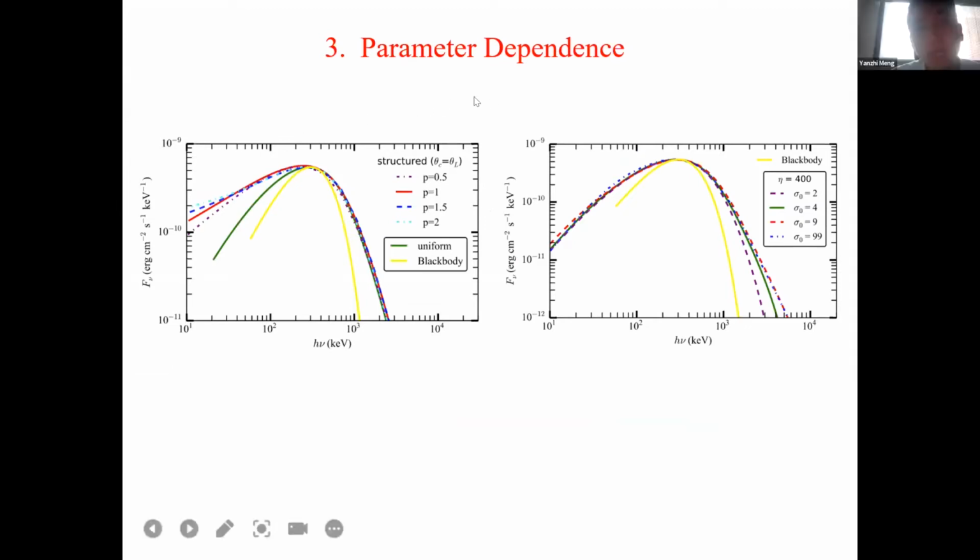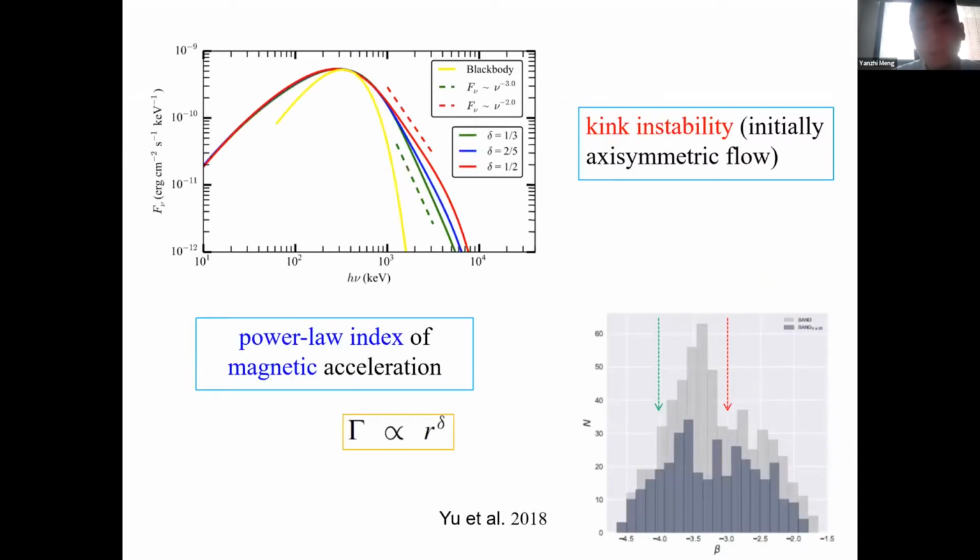For this hybrid jet model, the parameter dependence is discussed as follows: it depends weakly on most of the parameters, such as the parameters of the structure and the magnetization parameter.